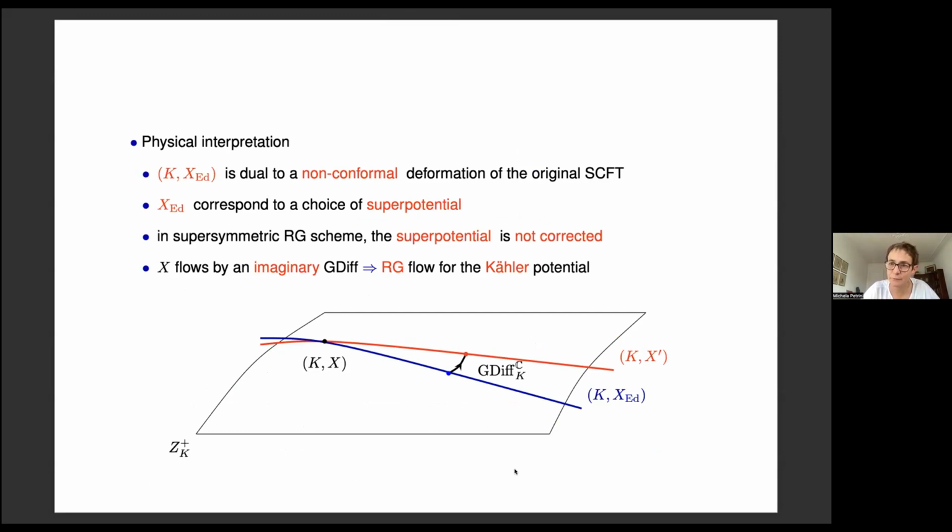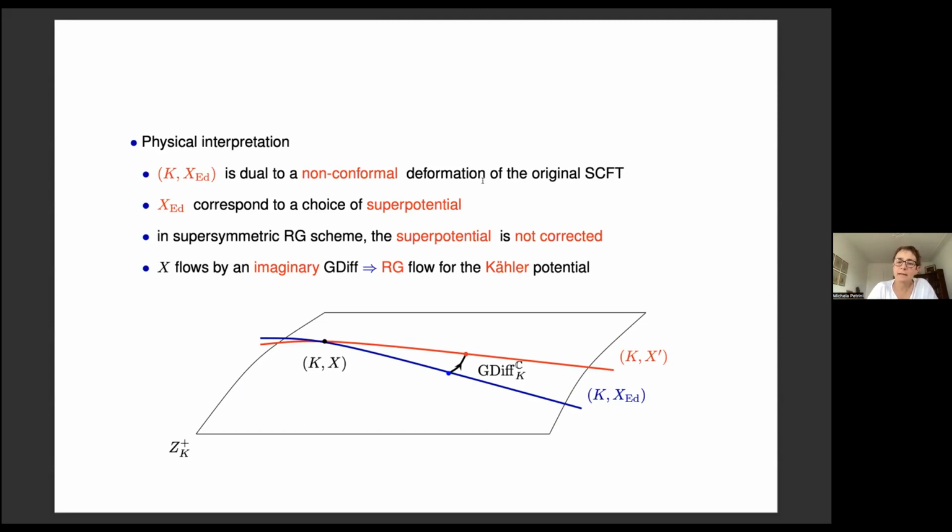So this makes sense if we think of the dictionary between the CFT and our formalism, because we saw that the X's encode hypermultiplet deformations, encode chiral deformations of the CFT. So in a way, this XZ is a choice of the superpotential. And when I add the superpotential, a priori, we have a theory which is not superconformal.